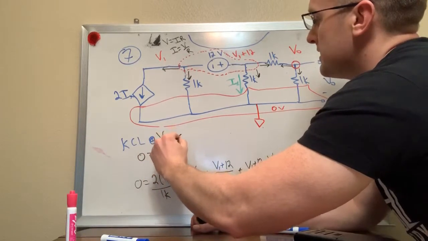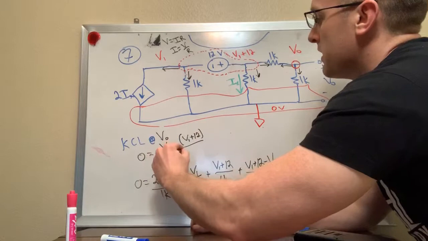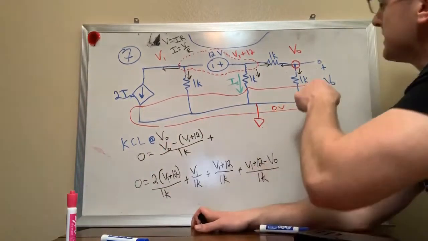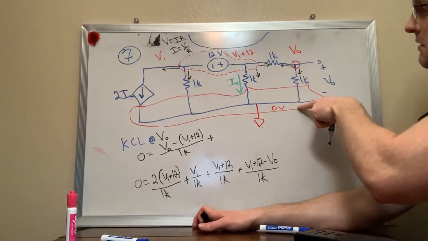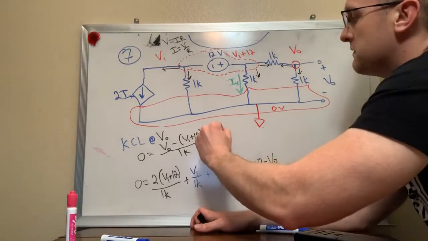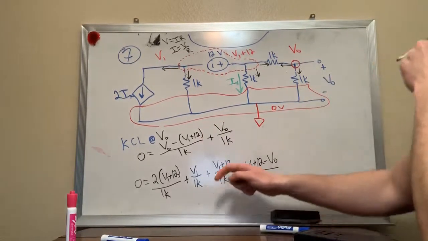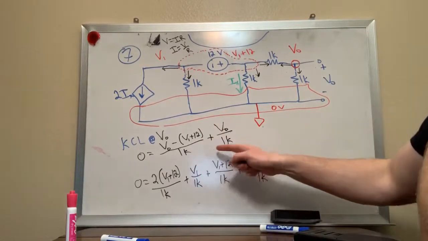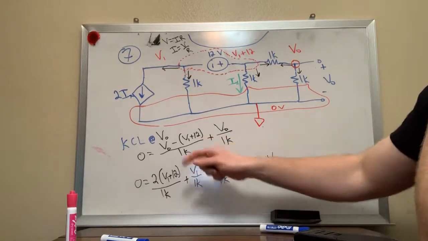Plus the term going down for current, which is V out minus 0 over 1K, or just V out over 1K. So that one's pretty easy. Okay, so now I have two equations and two unknowns, V1 and V out.